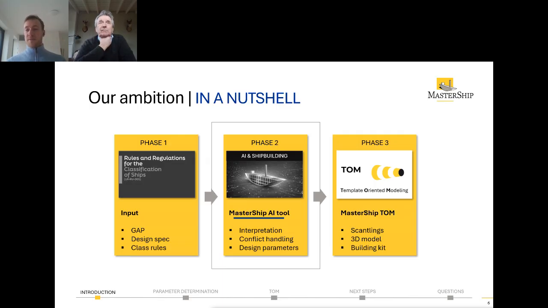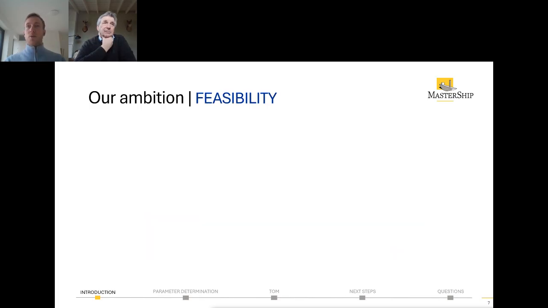Before we are going to dive into this tool, I want to show you why you think this is a feasible goal to achieve. First of all, I said it earlier, we have those technology advancements in natural language processing, which is sort of the core of large language models, and artificial intelligence. And this really helps us to make the interpretation of all those rule documents.